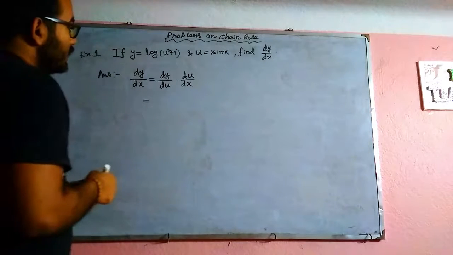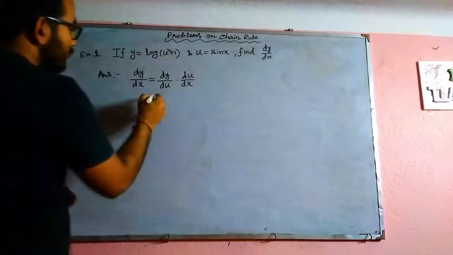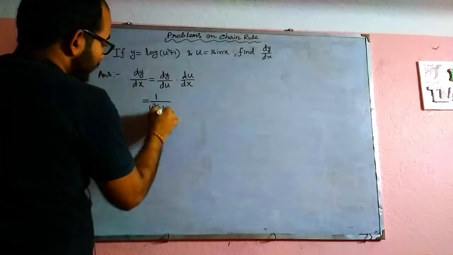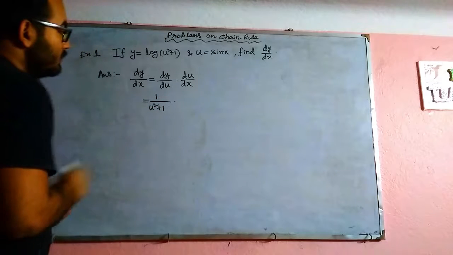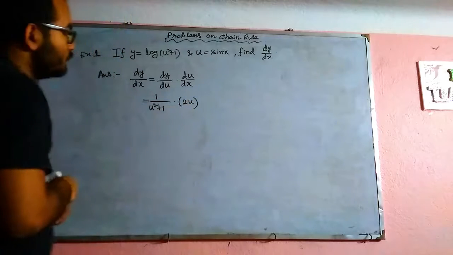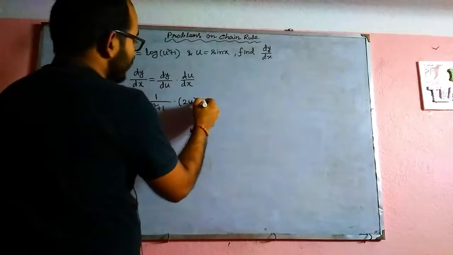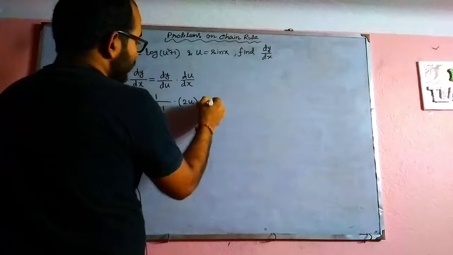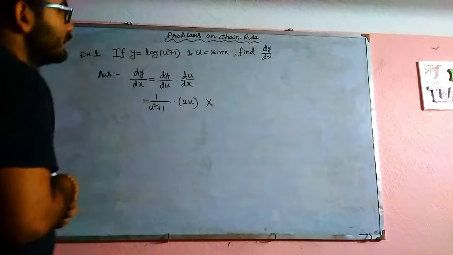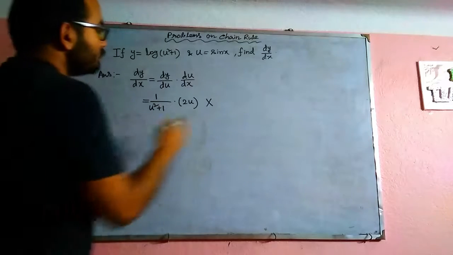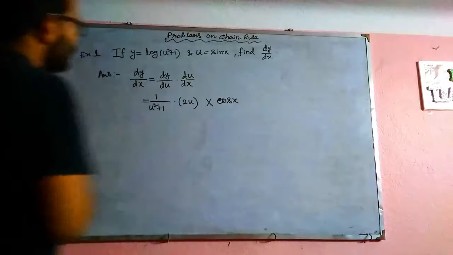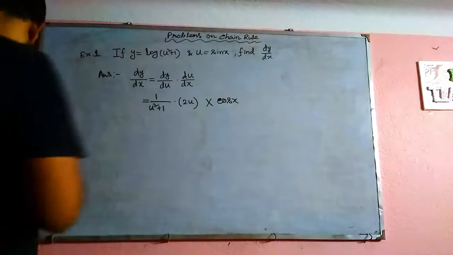So what is dy/du? That is 1 by (u square plus 1) into 2u. Into, and what is du/dx? That is cos x.